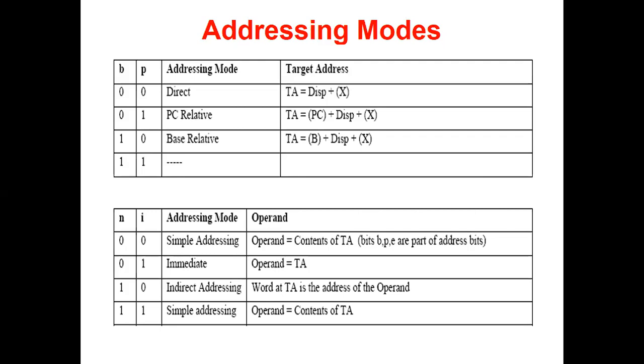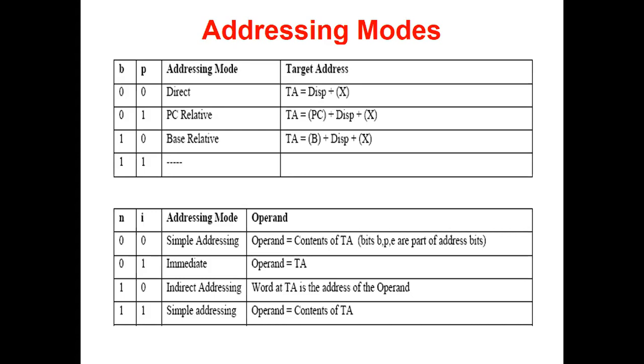Okay. Now, first of all, when n is 0 and I is 0, the same case is when n is 1 and I is 1. In both cases, it is the contents which we take, okay? But we are saying that for n is 0, I is 0, those bits B, P, and E are not used for calculating purposes.